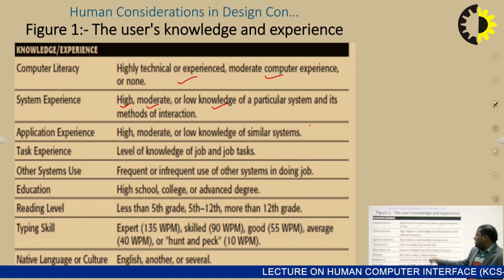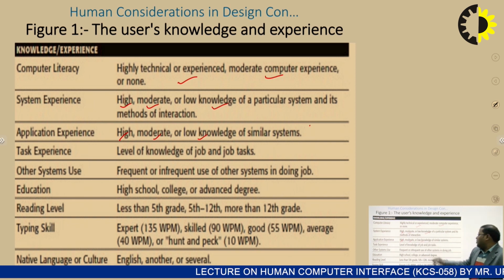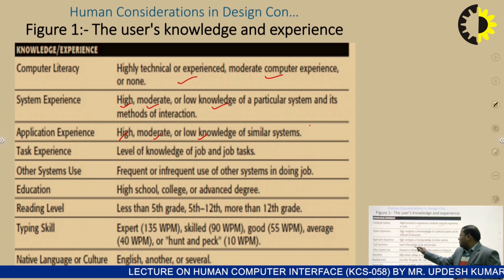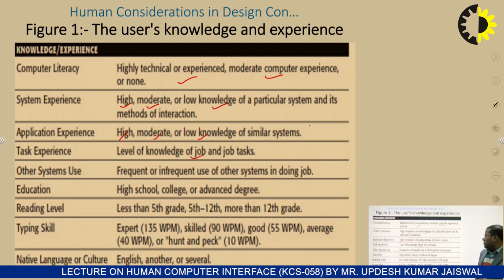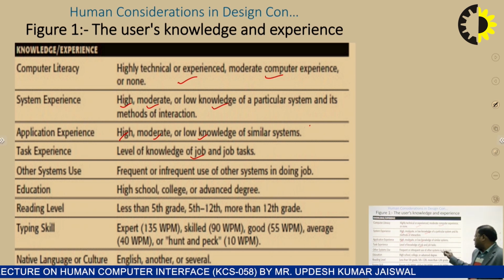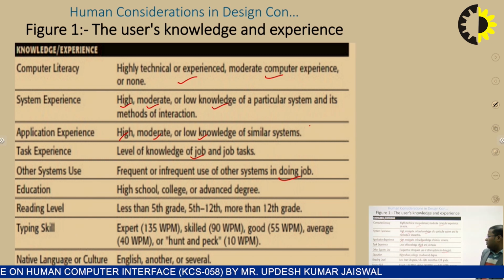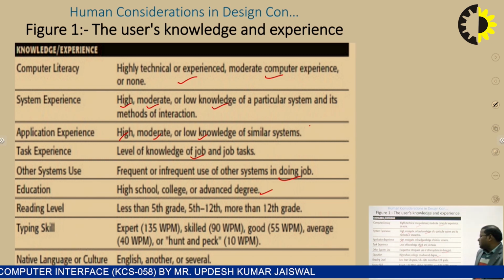Application experience: high experience, average experience, low experience of similar systems. Task experience: level of knowledge of job and job task, level high or level low. Other system use: frequent or infrequent use of other systems in doing the job. Education: high school, college or advanced degree. Reading level: less than 5th grade, 5 to 12, more than 12th grade.